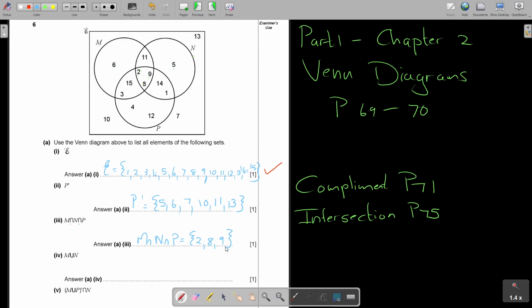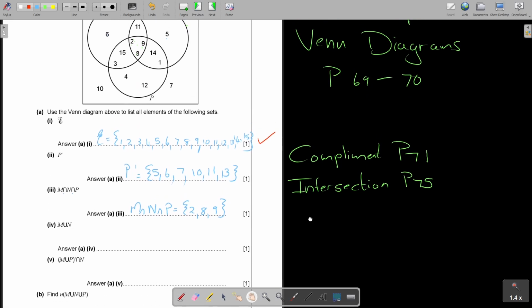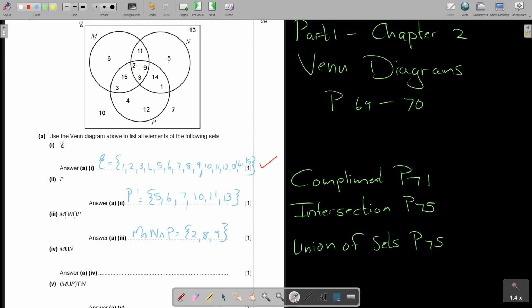Okay. And then the next one, union. Let me just write, union of sets. And you will find that on page 73. Okay, so it's M and N. Can I just show you? M and N. So it's all this.